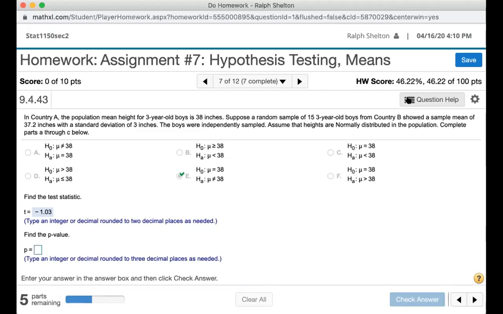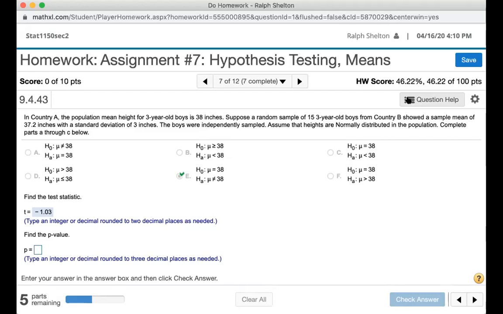And since it's a two-tailed test, further away can be on either side. It can be a value less than negative 1.03, like, for example, minus 3 point something. That's more extreme than minus 1.03, further distance from 0, right?